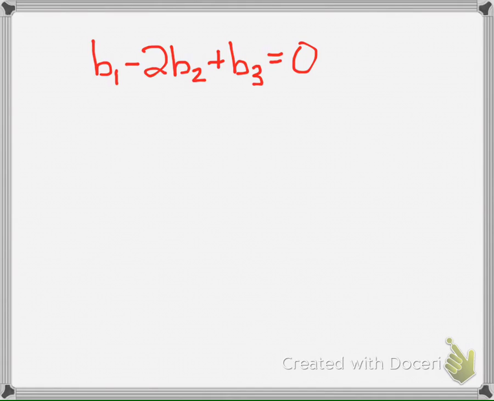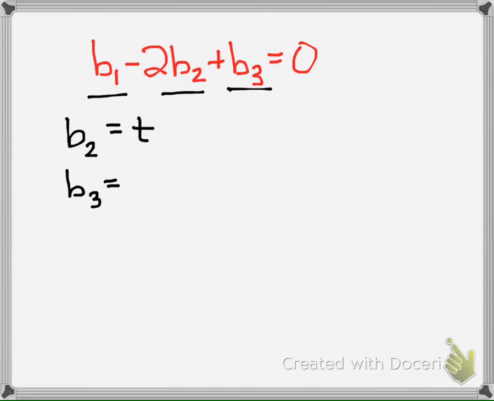So this is a vector, and B1, B2, and B3 are the components of the vector. If we think about this, then B2 and B3 could be anything at all we wanted, and then B1 would depend on B2 and B3. That's like saying they could be parameters. So B2 and B3 are free parameters here, so we're going to set B2 equal to a parameter t, and B3 is free.